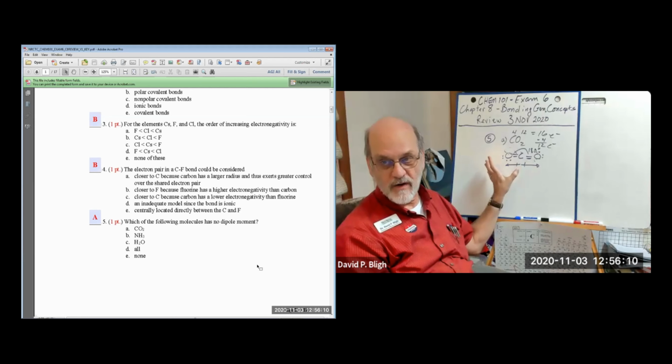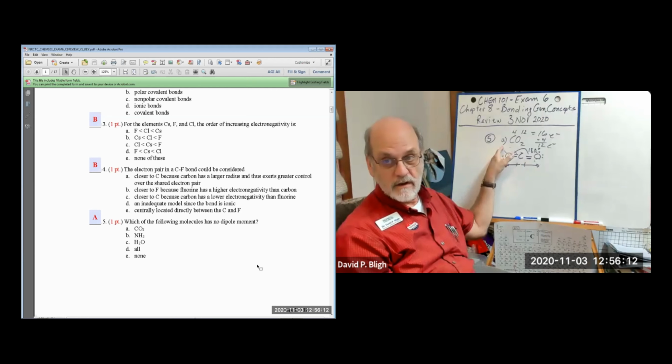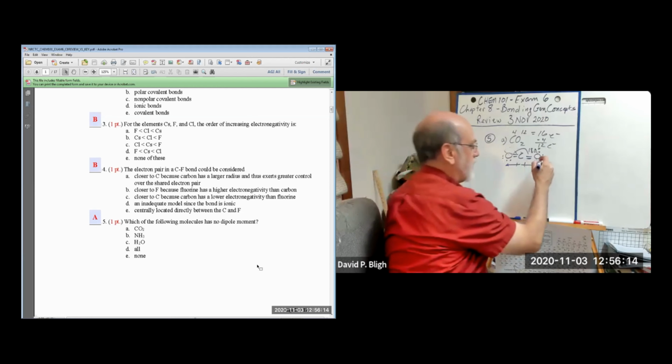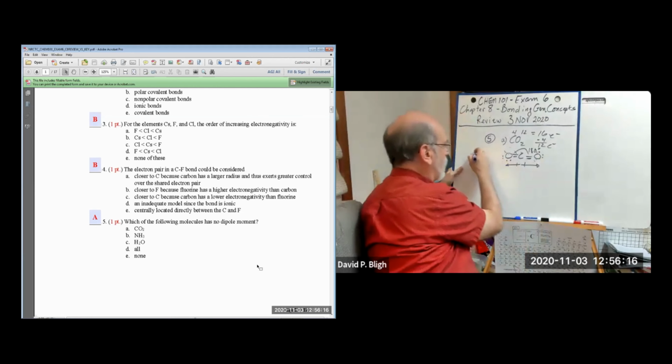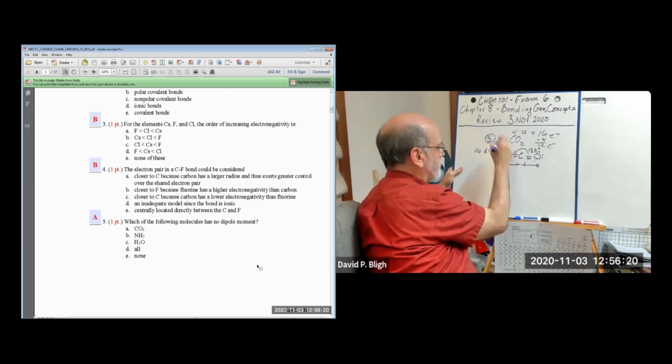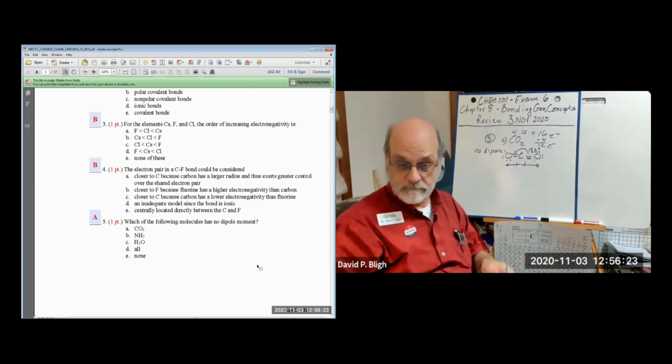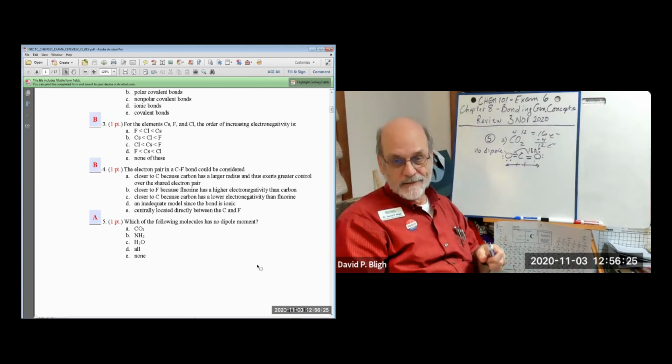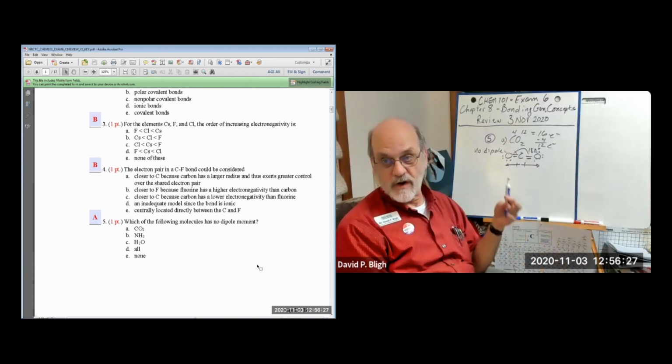They cancel one another out. So this one is nonpolar molecule. It has no dipole. All right. So that answers the question. That's why the answer is A.